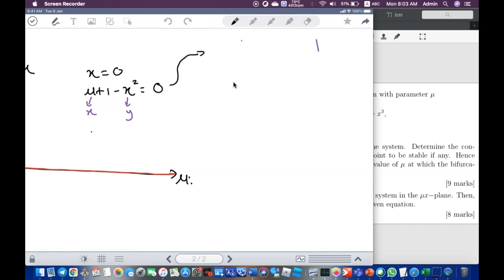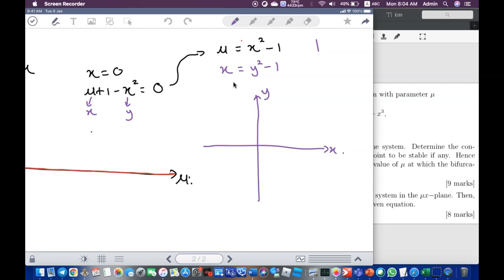From here you have mu equal to x squared minus 1, or if you use a y-x plane, you can imagine this is equivalent to x equal to y squared minus 1. So about the shape of this particular graph, y versus x, you have the quadratic, yes, but the square is on y, not x, so it looks like you have a C shape. Okay, C shape.